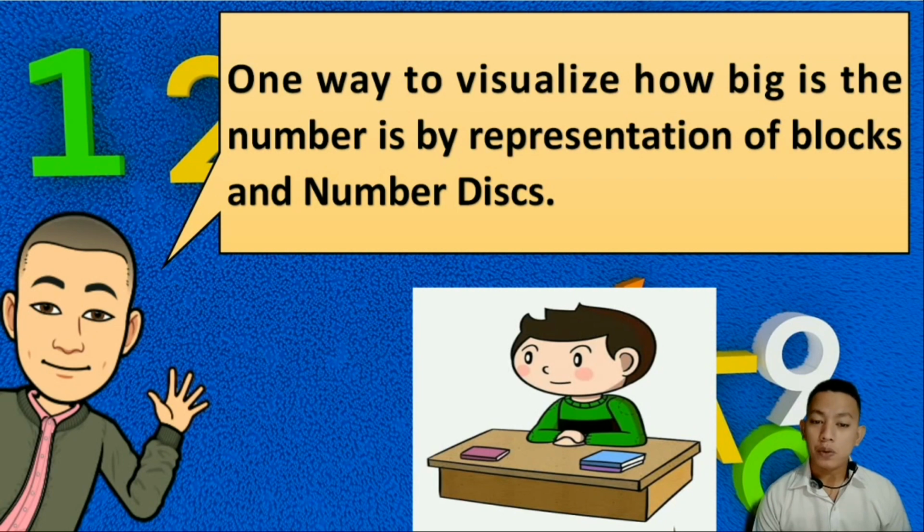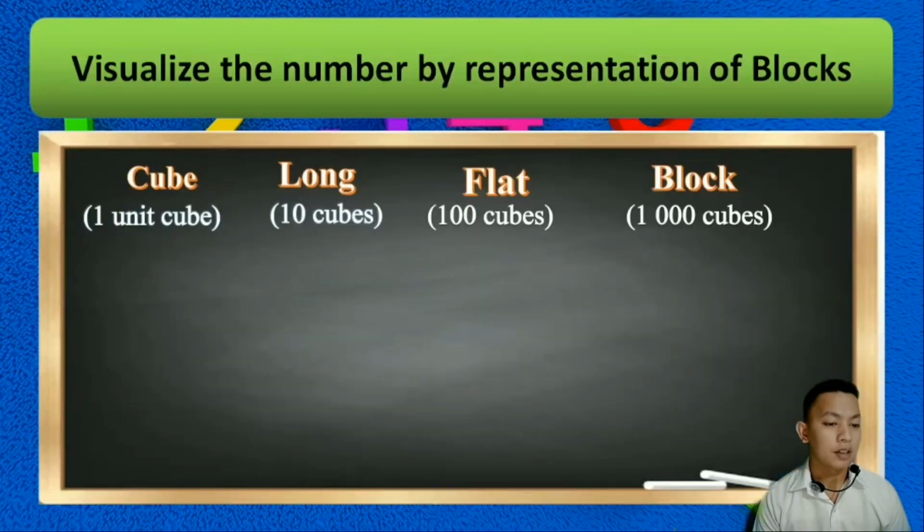One way to visualize how big the number is is by representation of blocks and also number discs. Now, visualize a number by a representation of blocks. Let's start. So we have cube. Cube has an equivalent of 1 unit.